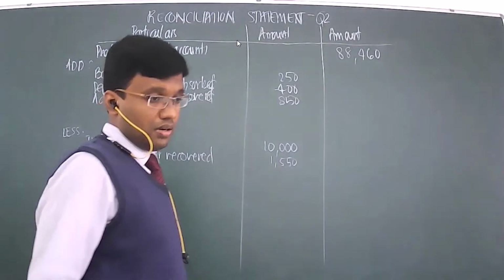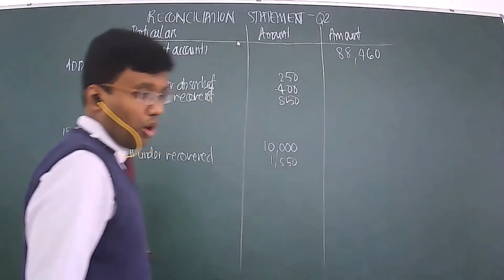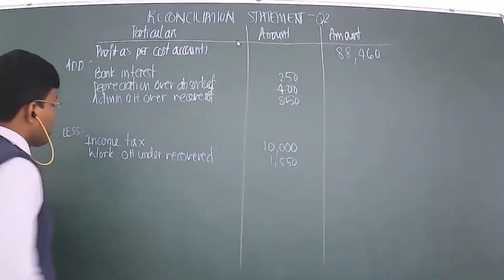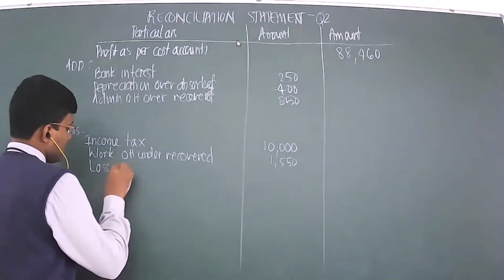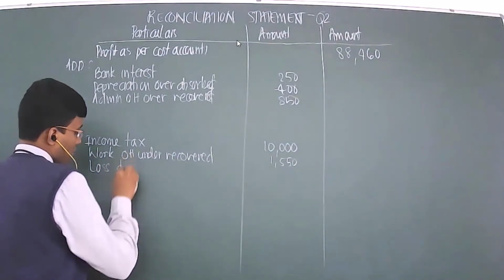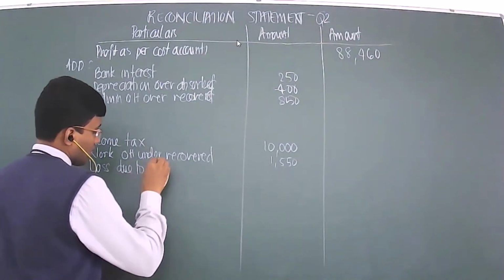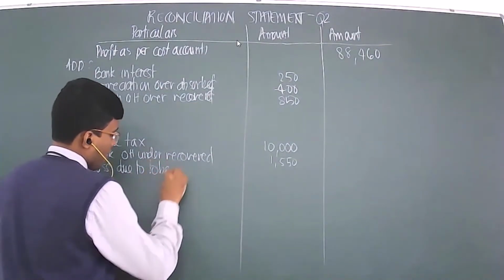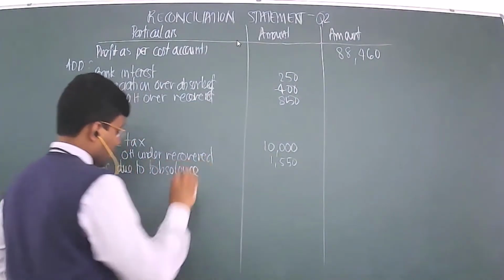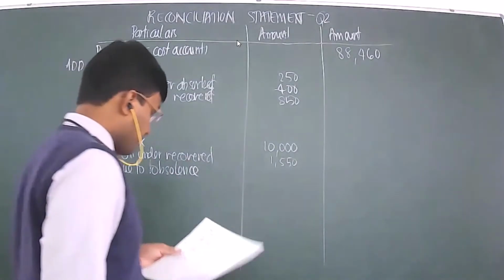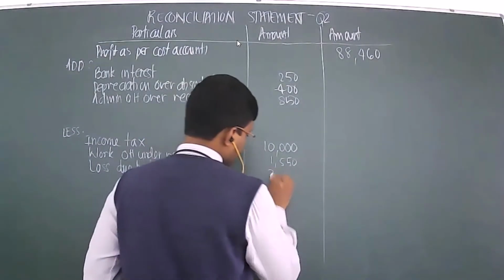Next one is loss due to obsolescence. This is a financial expense, and the amount is 2,800.